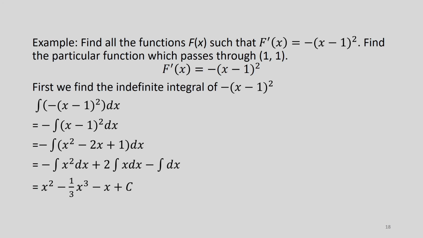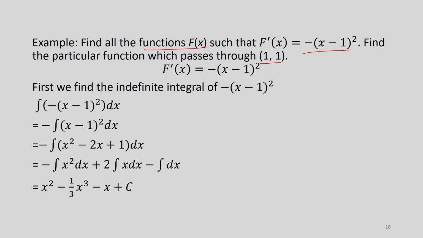Okay, here is an application of that. Find all the functions F(x) such that F prime of x is equal to minus of (x minus 1) whole square. Find the particular function which passes through the point (1, 1). Okay, so, there are 2 parts to this question.